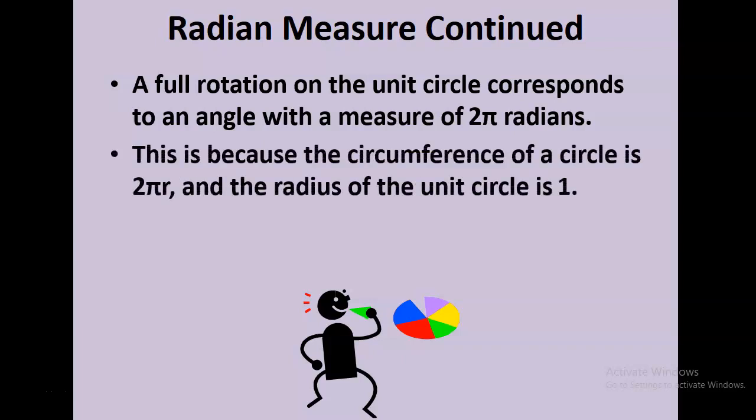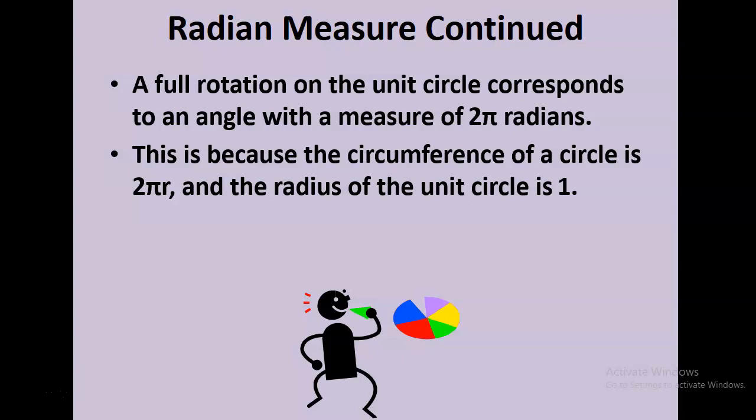And the reason for that is because if we have a circle that has a radius of 1, and you go back and refresh yourself on the formula for circumference, which is basically the distance around the outside of a circle, it is based on the formula 2 pi r, 2 times pi times the radius, or pi times diameter.